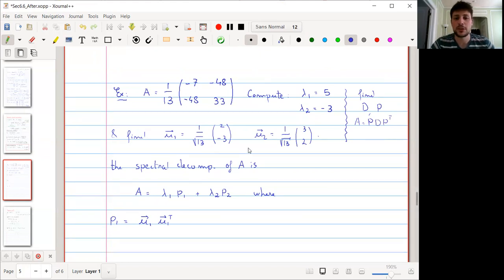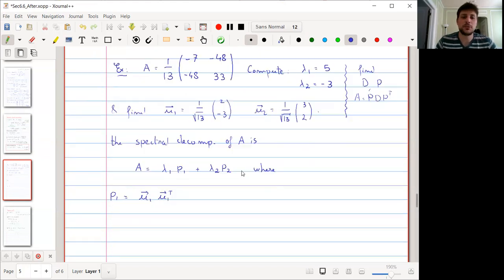So let's write down the spectral decomposition of A. The spectral decomposition will be given by lambda 1 times projection matrix 1 plus lambda 2 times projection matrix 2. Let's compute the projection matrices. If I do U1 times U1 transposed, I get 1/√13 times the vector (2, -3), multiplied by 1/√13 times the transposed vector (2, -3).